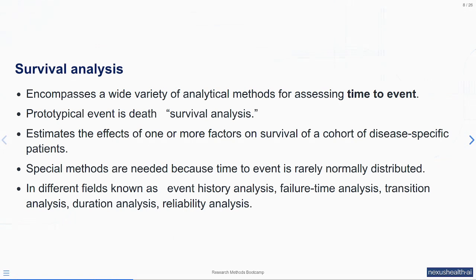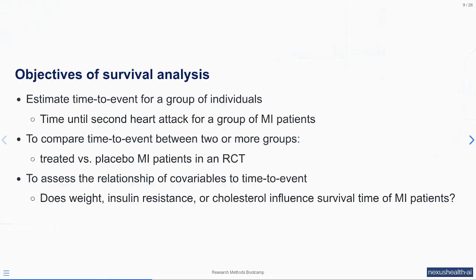Special methods are needed because time to event is not normally distributed. It has other names, sometimes known as event history analysis, failure time analysis, transition analysis, duration analysis, and reliability analysis. But in our own field of biomedical research, we call it survival analysis.